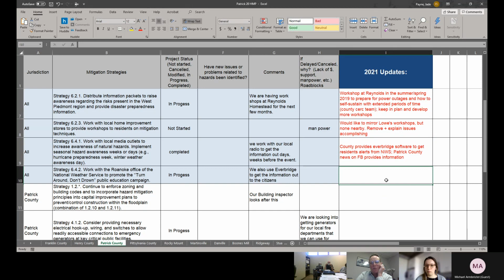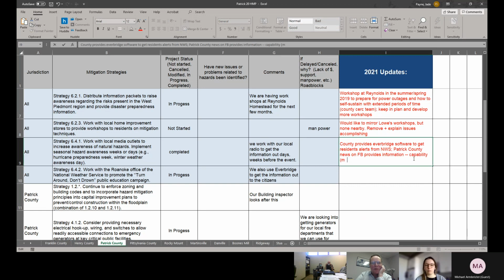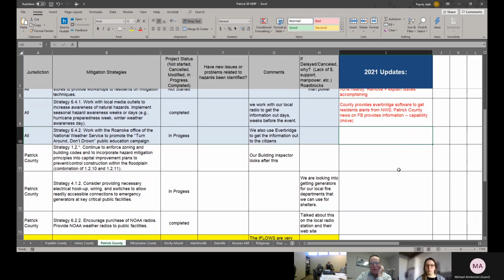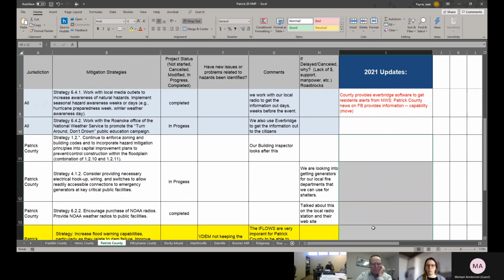Sounds to me like that one should probably just be emphasized in the capability assessment write-up. Instead of being a 5-year strategic thing, it sounds like it's something that you do on an ongoing basis with Everbridge and other means. Okay.